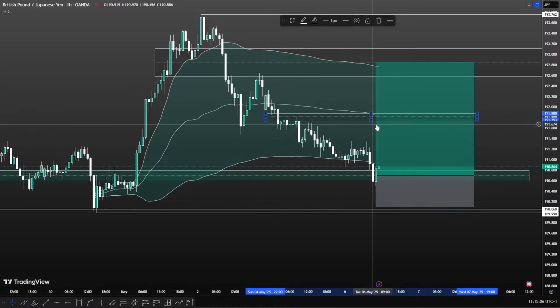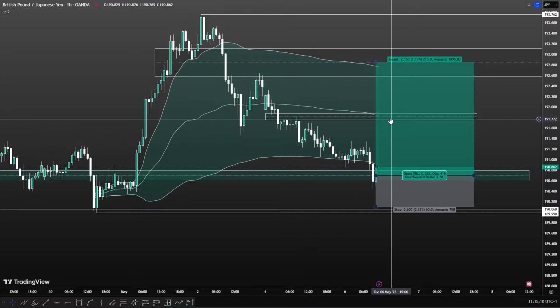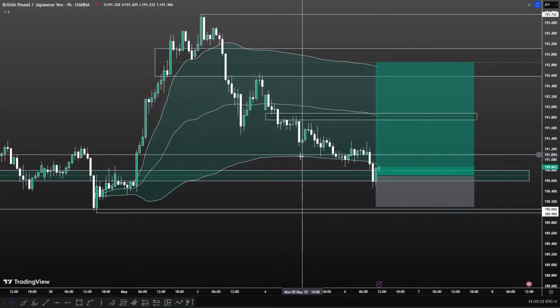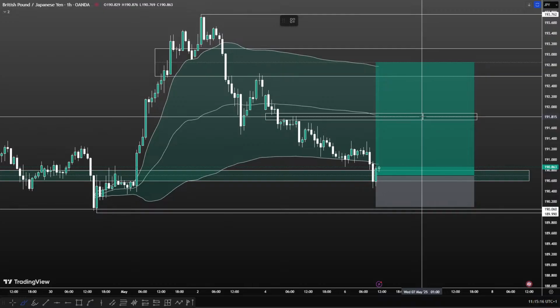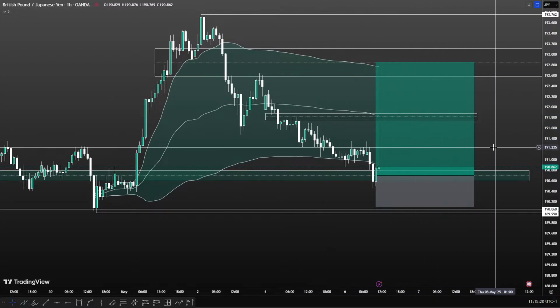What we've actually got here is this imbalance. Tested into it on several candles, so we know there's some trap volume around here in confluence with the VWAP. We can use this here at 191.800 as our intermediary target for about 110 pips.